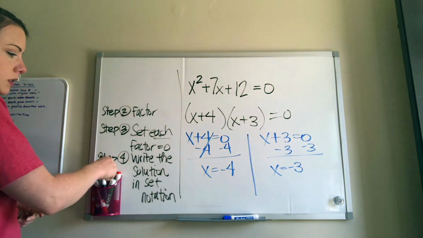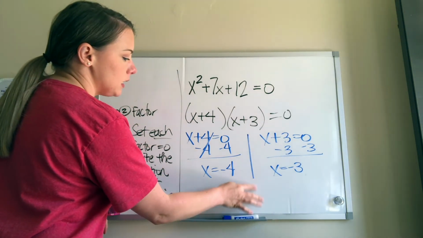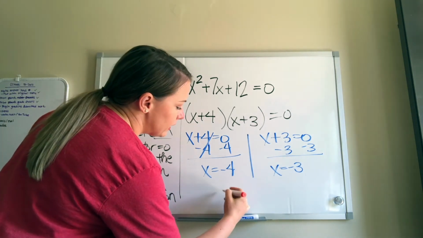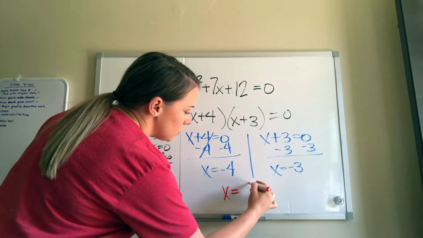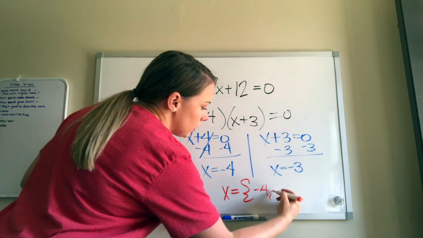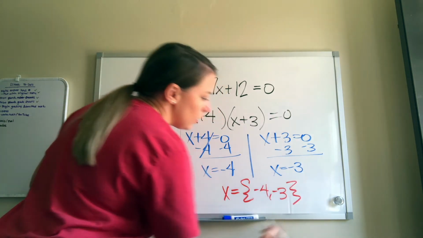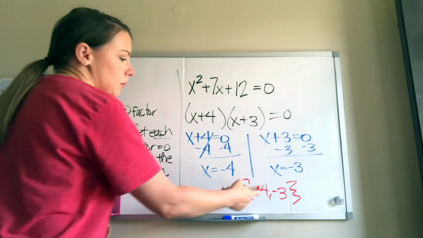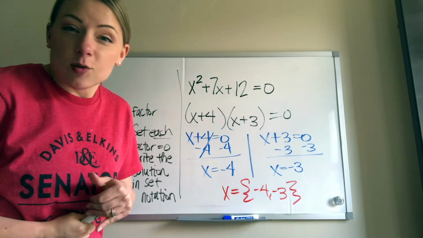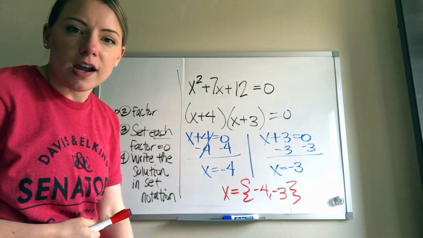All right, so set notation would be if I said x is equal to curly bracket, -4, -3, close curly bracket, meaning that x could be either one of those solutions. All right, and you just figured out the two solutions for x.